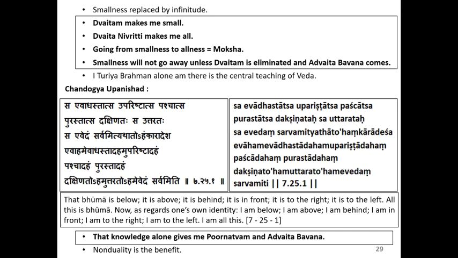Advaita means everything is there in that. Everything comes out from there. Going from smallness to allness is moksha. Smallness will not go away unless Dvaitam is eliminated and Advaitam bhavana comes into us.